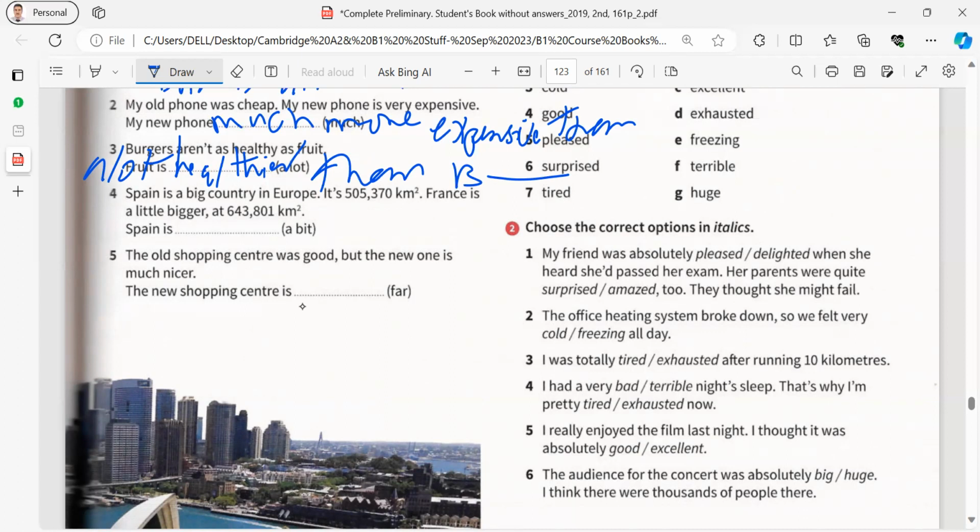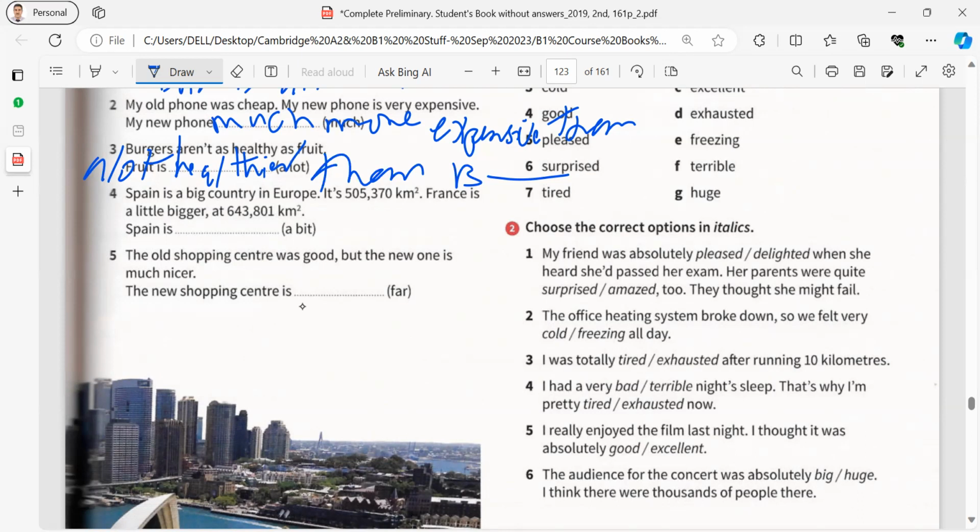Spain is a big country in Europe. It's in Europe, right? 505,370 kilometers.